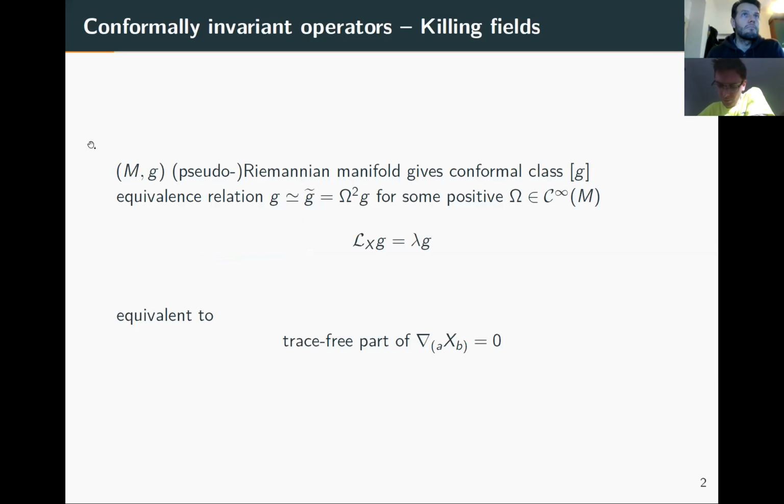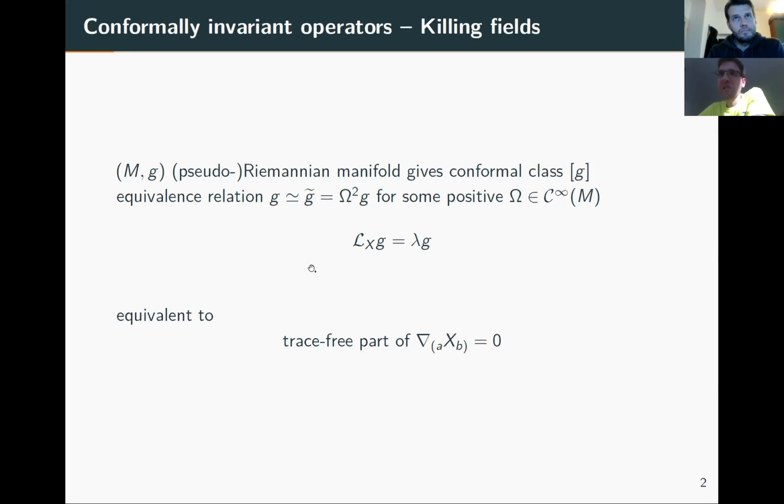You take a Riemannian manifold and you consider a class of metrics, where two metrics are in the same class if they differ by a multiple by a smooth, everywhere positive function.